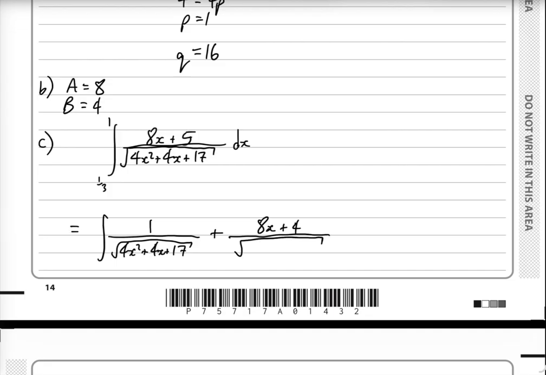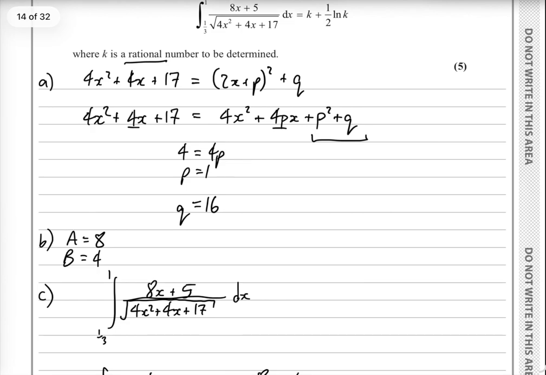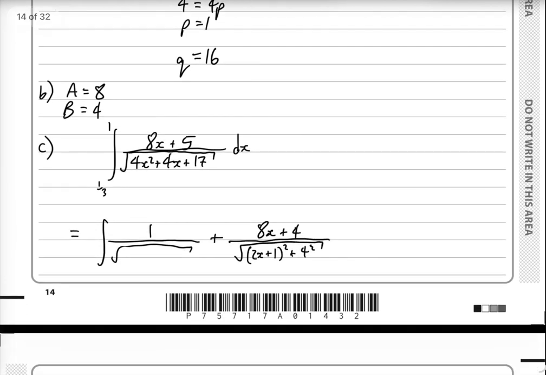Actually, instead of writing that, let me put it as 2x plus 1 squared plus 4 squared, because I think that's where we're headed. We found that it's equal to 2x plus 1 squared plus 16 from part A, which of course is 4 squared, and I'm doing that because I know this matches one of the formats in the formula booklet.